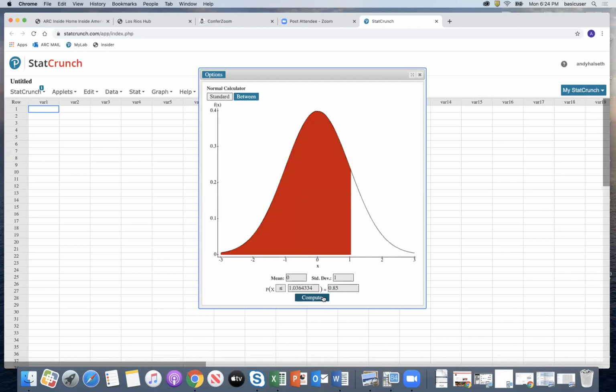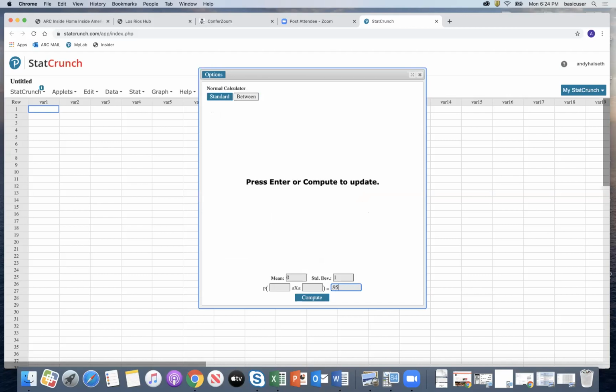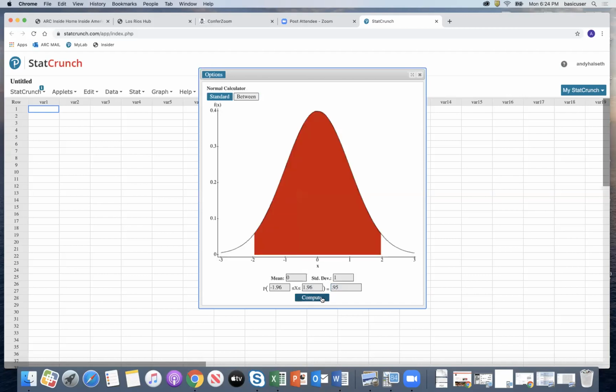The last two use some between language. Find the z-scores. There are two z-scores in which the percentage of the distribution's area lies between negative z and z. So that's when you're going to use the between option. For number 4A, click between, and then you're still just going to put the area there. So 95% is 0.95, and then compute.